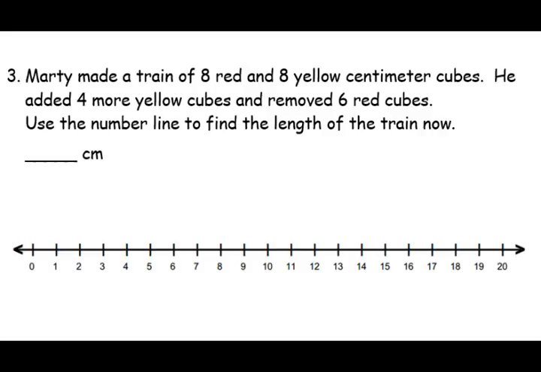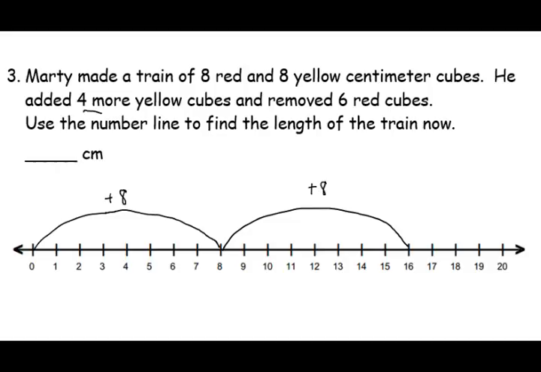Question 3 says Marty made a train of 8 red and 8 yellow centimeter cubes. He added 4 more yellow cubes and removed 6 red cubes. Use the number line to find the length of the train now. Well, if we start at the beginning where it says Marty made a train of 8 red and 8 yellow, I'm going to start at the 0 and I'm going to show a hop to show the 8 red, and then another hop of 8 to show the 8 yellow.